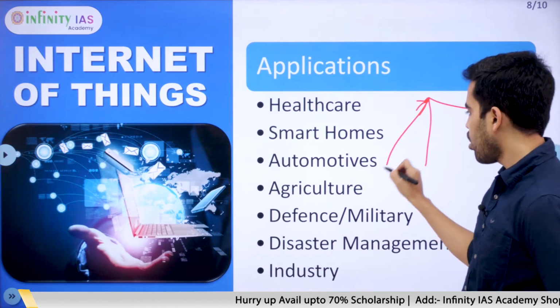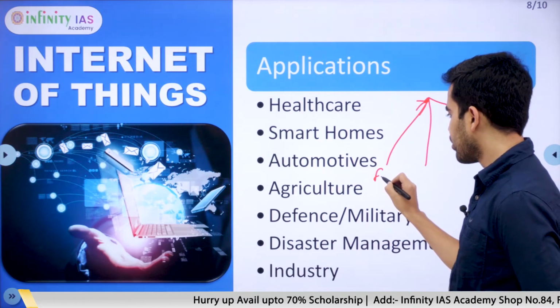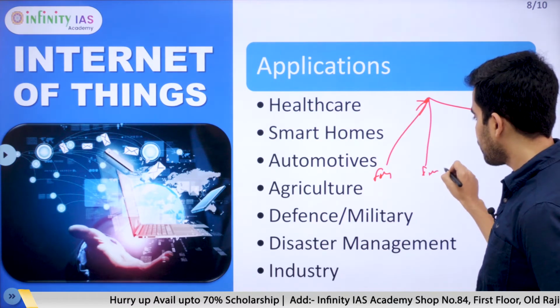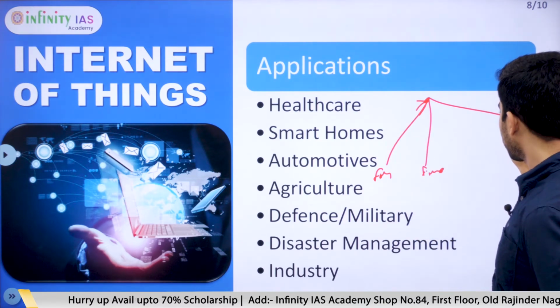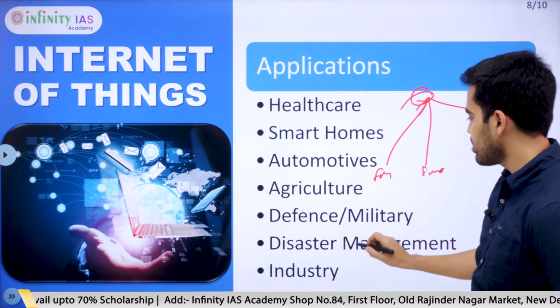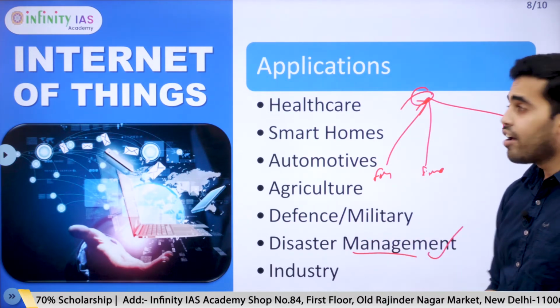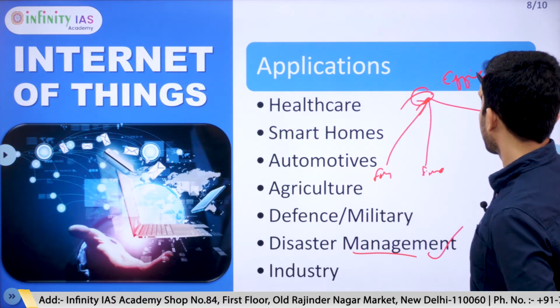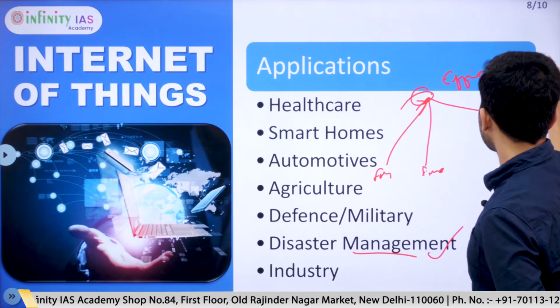For example, it can contact the forest department, the fire department, and the law and order department. So this kind of use of Internet of Things in disaster management will help in improving the efficiency of administration or efficiency of governance.